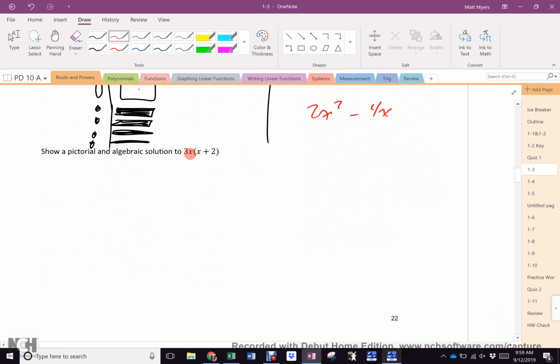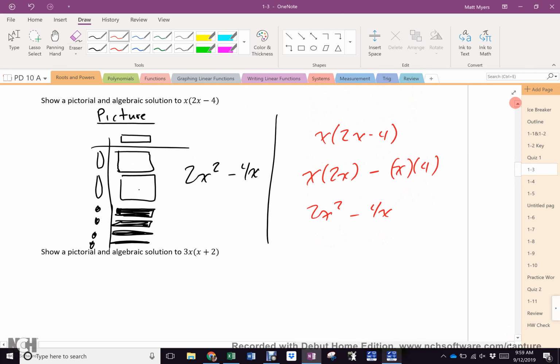How would this differ? Could you scroll up for a second? Of course I can. Is this different in any way? No, of course not. I'm not even going to make you draw the picture. But instead of 1x on the side, what am I going to have? 3 bars. So 3x times x plus 2.